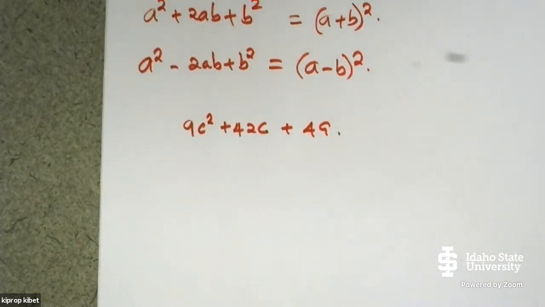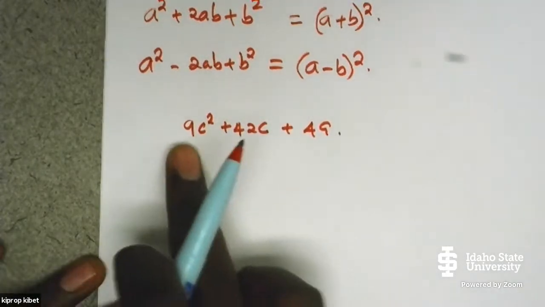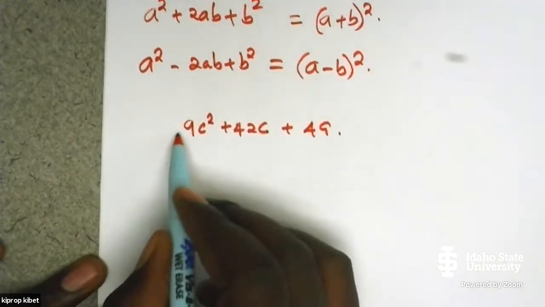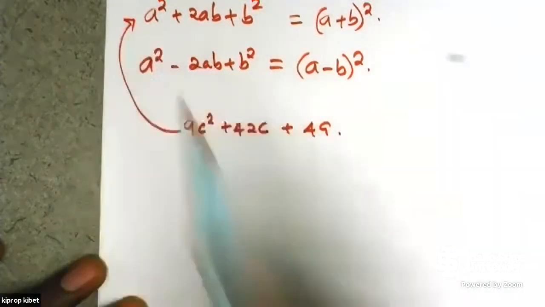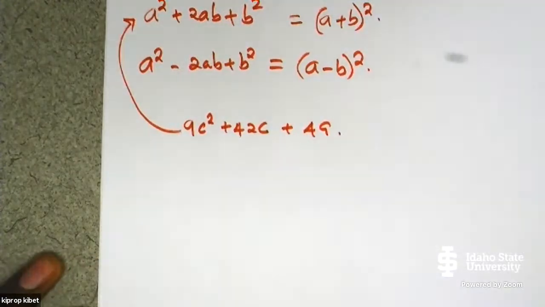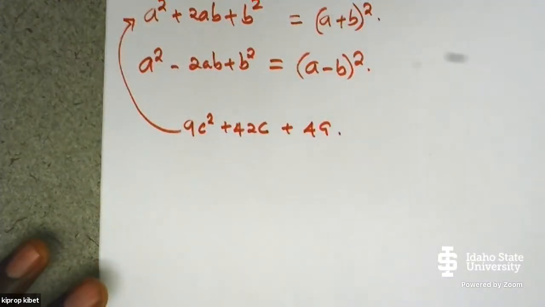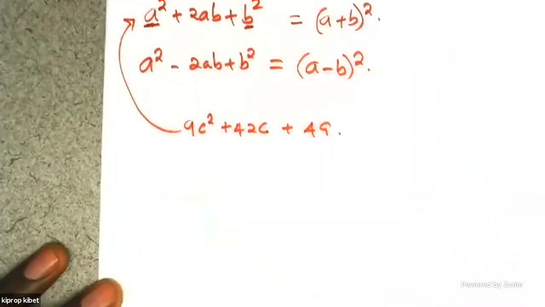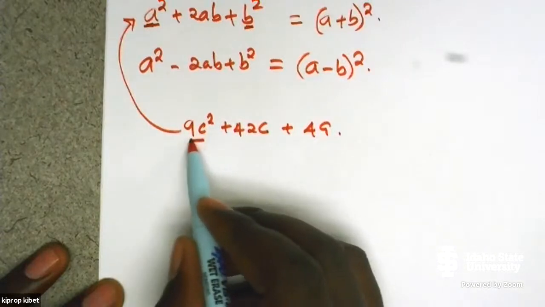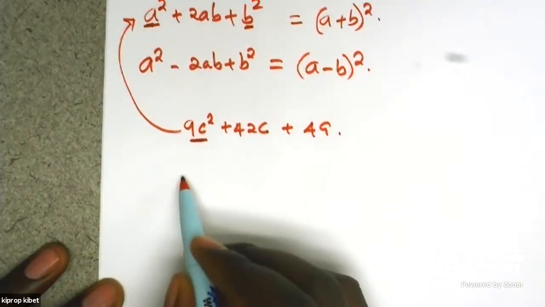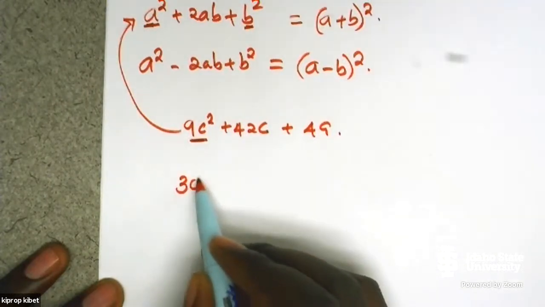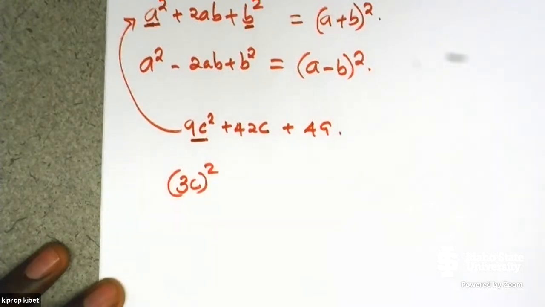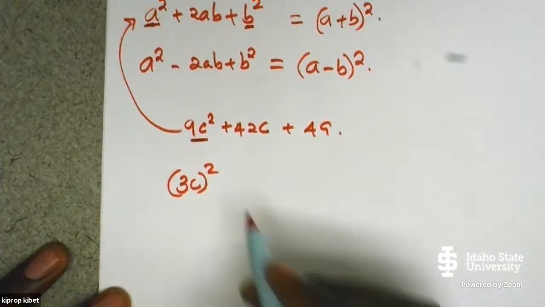If you have the plus here, then this is similar to the first one. So you need to look for A, look for B there. To get our A here, this is similar to 3c square, right?